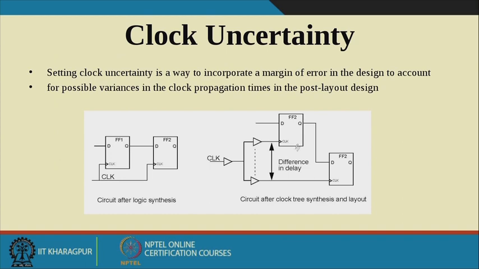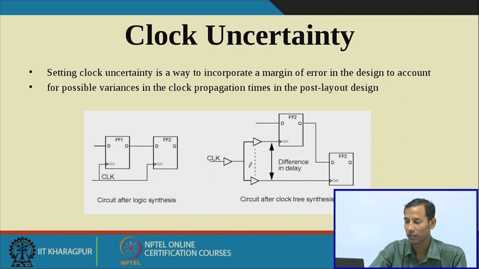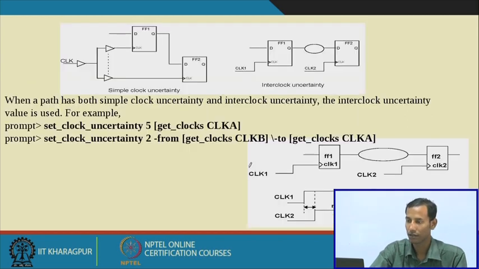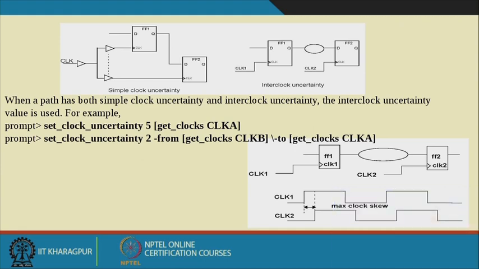So then clock uncertainty. Clock uncertainty I already discussed, that is the difference in the delay of the clock source itself whenever it is connected to different blocks. How to set the clock uncertainty?